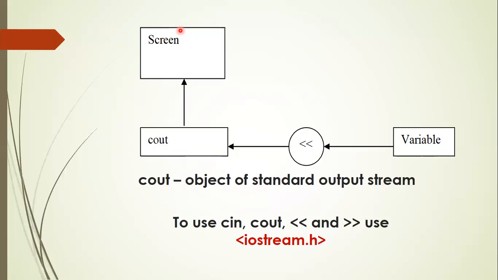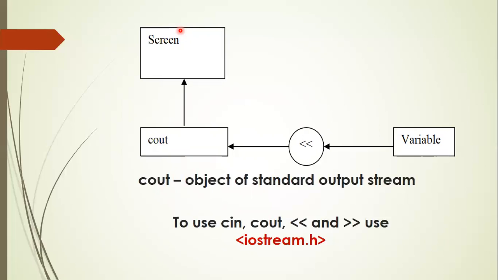Equivalent to that, in our C++ program we are using the cin object, cout object, the insertion operator or the input operator and the output operator. We have to include the header file #include <iostream.h>. So from now onward, in all our programming, instead of stdio.h, I'll use the statement #include <iostream.h>.